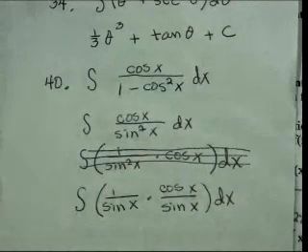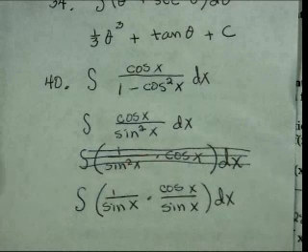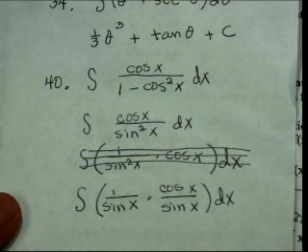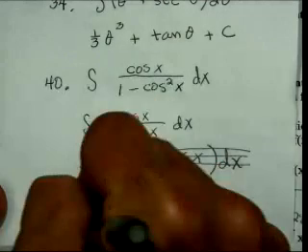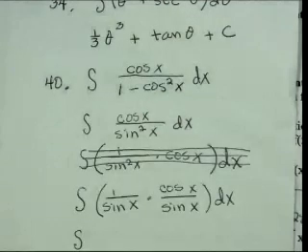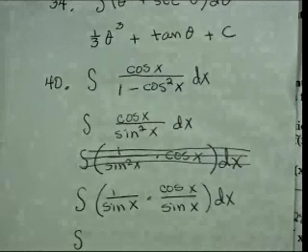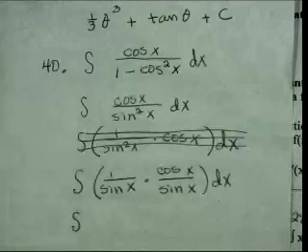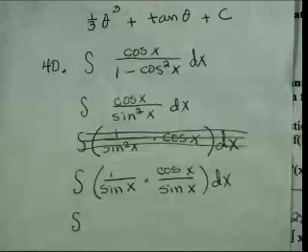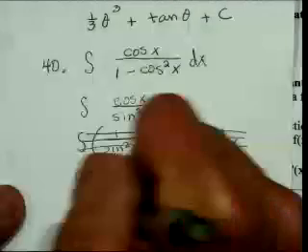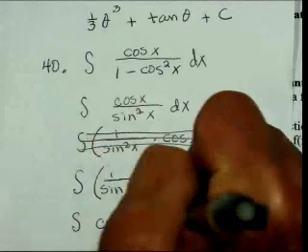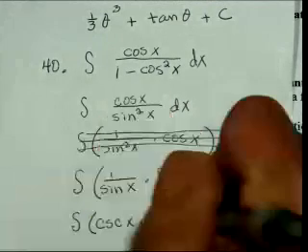Now, is it helpful? How is that helpful? Because you know what the derivative of one is. No, cosine over sine is cotangent. 1 over sine is cosecant. Cosecant x cotangent x, that's the derivative of cosecant.